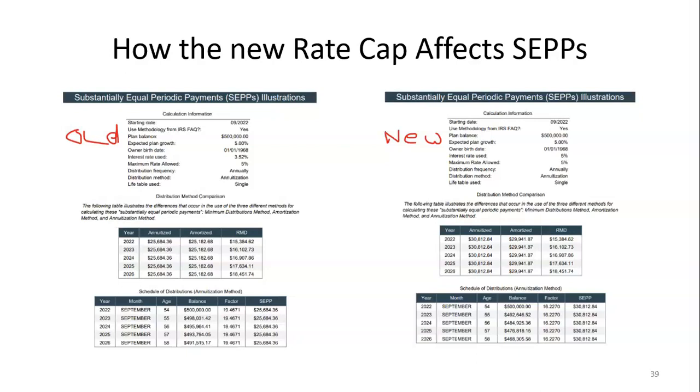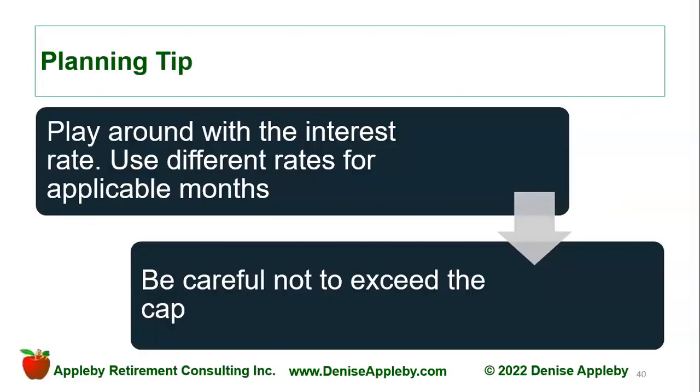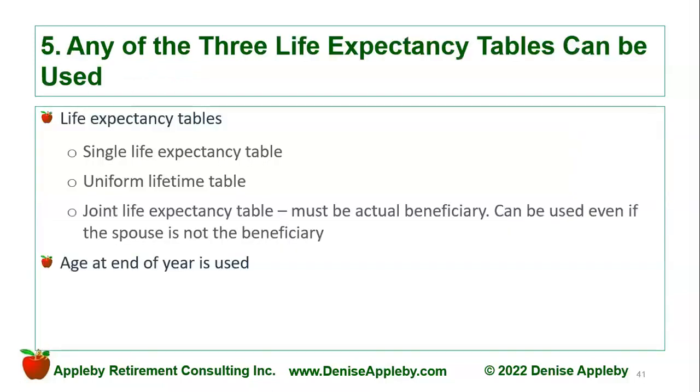So for clients who want to take more, they now have the option to take more than they would have been able to under the old rules. A planning strategy is to play around with the interest rate to see which one gets your clients closest to the amount they need, and just make sure that whatever interest rate you use does not exceed the maximum.